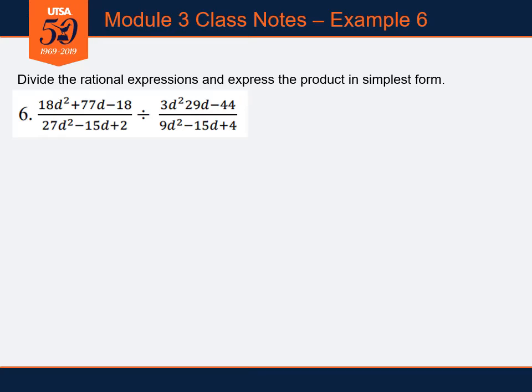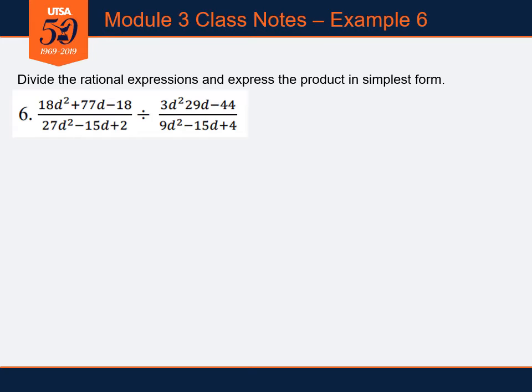One more time here, and for all the marbles and all the tears of every student who has ever had to work with fractions, here we have a division of two fractions, and rational expressions no less, where all of the a values are greater than 1.